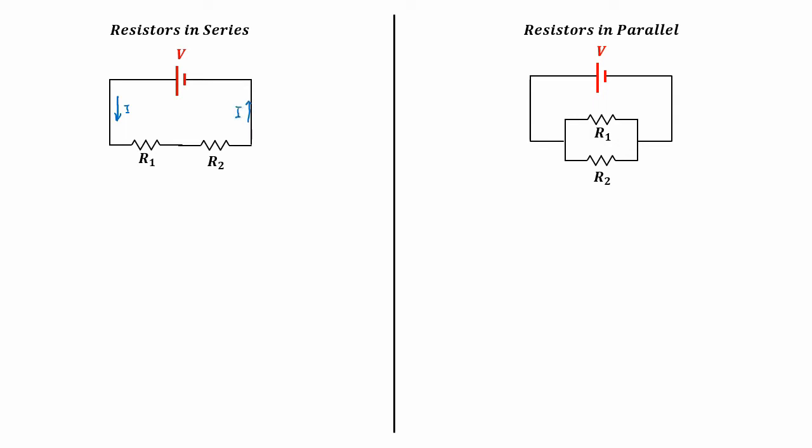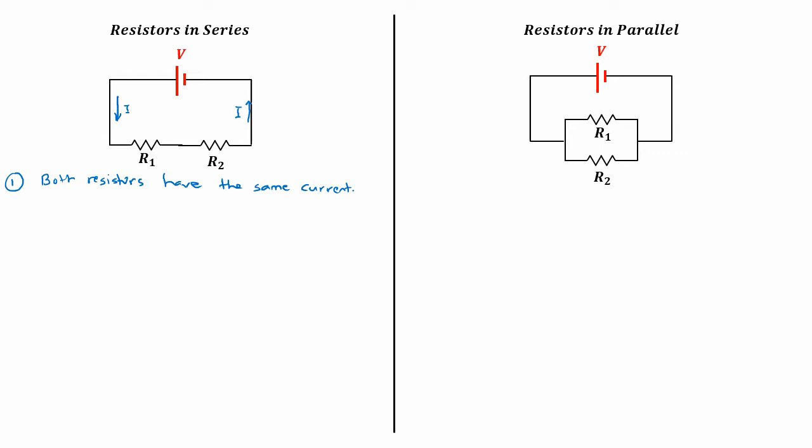That is the characteristic number 1 for resistors in series, that both resistors have the same current. Whatever amount of electrons that enter R1, they leave and then they enter R2, right? So the current on the left and right, both of the resistors is the same.